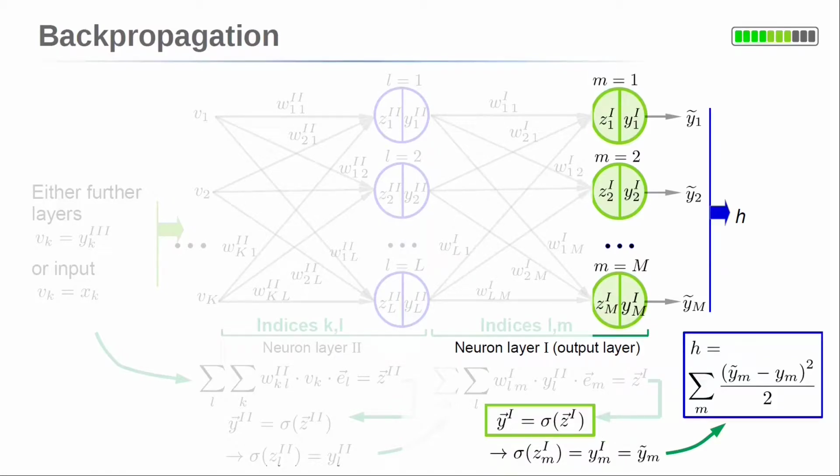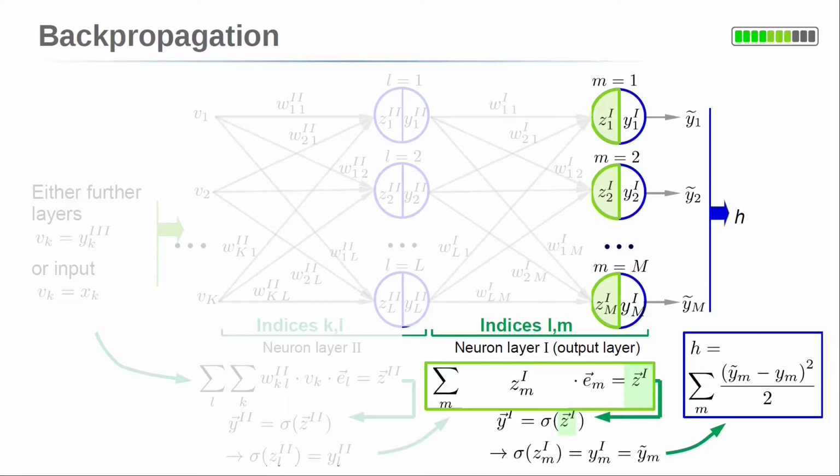We can write this in vector notation. The output vector y superscript 1 with capital M components is equal to the summation vector z superscript 1 when the activation function sigma is applied component by component to the vector z.